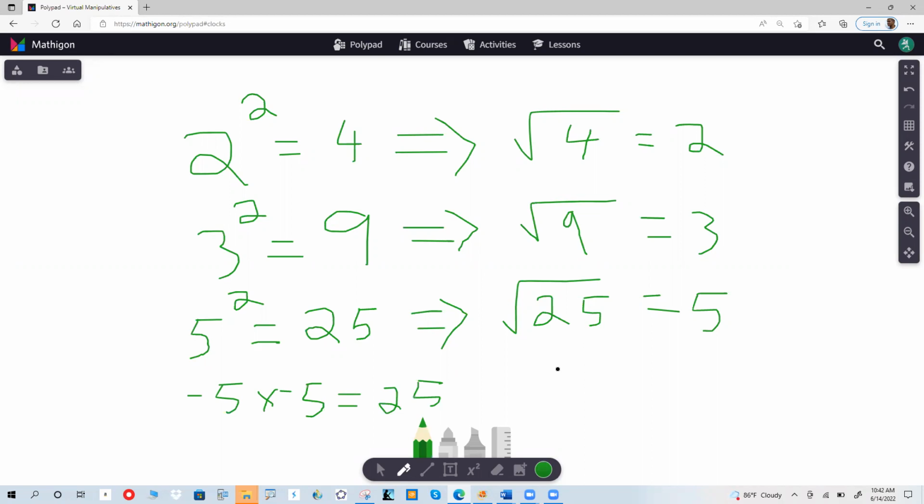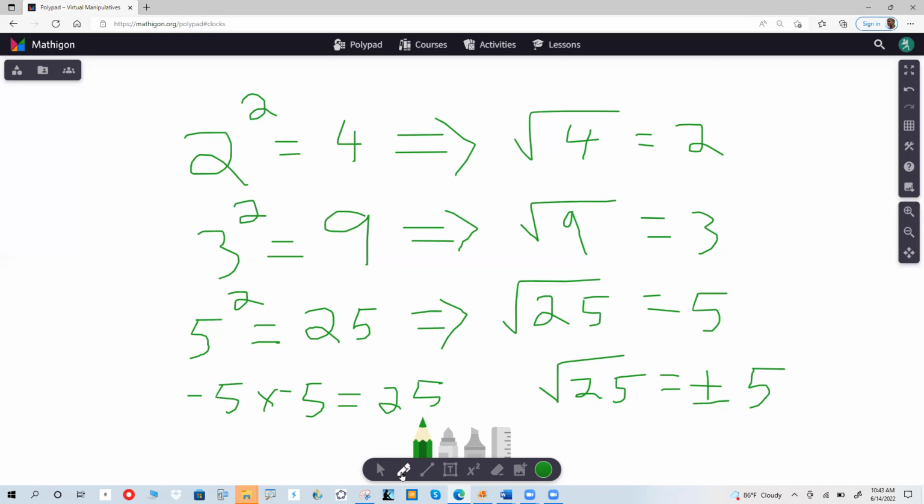So that's why we generally say square root of 25 is plus minus 5. Okay, so -5 squared is 25 and +5 squared is 25. That's why the square root of 25 is plus minus 5. That's what we mean by square root.